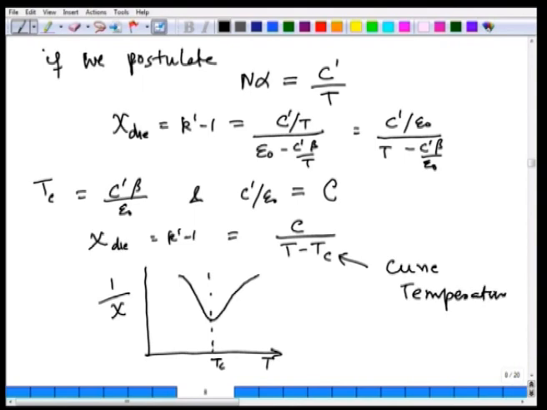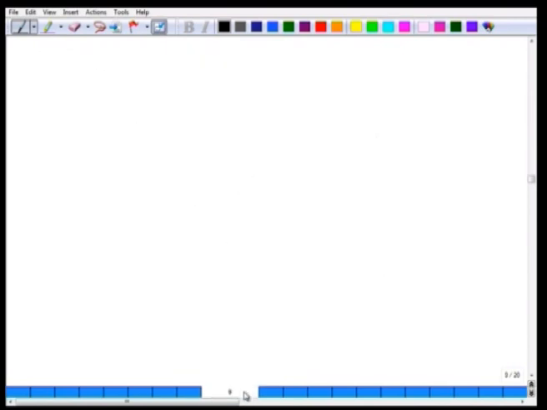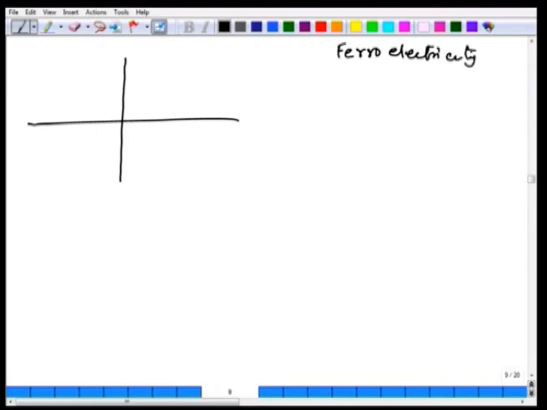In finality, in another 5 minutes, let me try to show you the behavior of this particular barium titanate material. If you look at ferroelectric materials, they will show you much the same way as ferromagnetic materials. They will show you what is ferroelectricity. What is ferroelectricity?